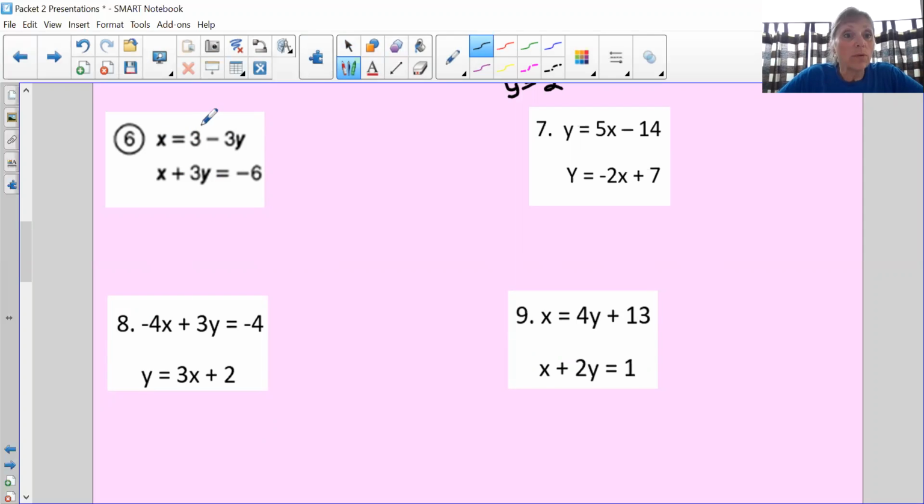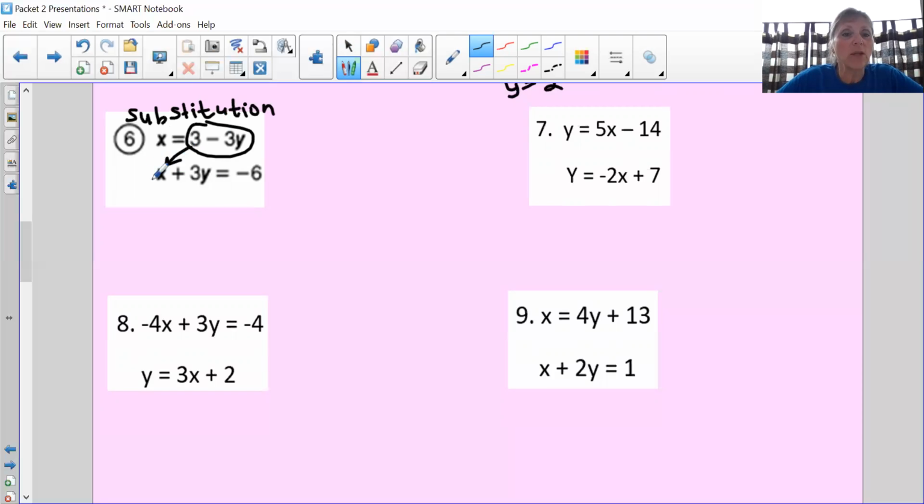I see x equals, so I'm going to circle what's on the other side of it, and I'm going to call this substitution. I have x is this, so I'm going to put this in x's spot.